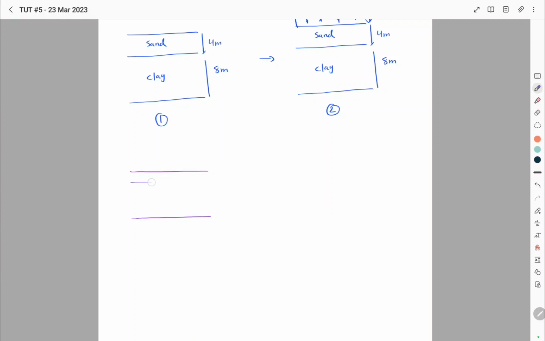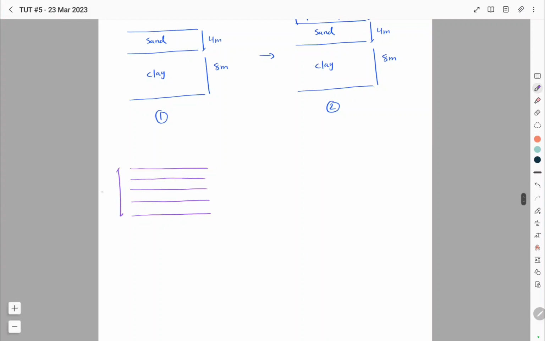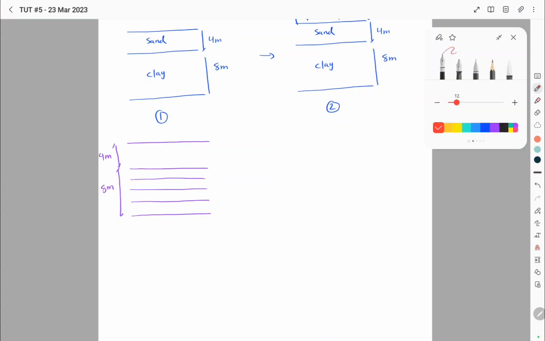We're going to divide it into 4 sublayers, and then we have to determine the value of settlement for each layer. So this is 8 meters overall. We have a sand layer on top of it, the depth of 4 meters. And now we have to determine the value of settlement of each layer.